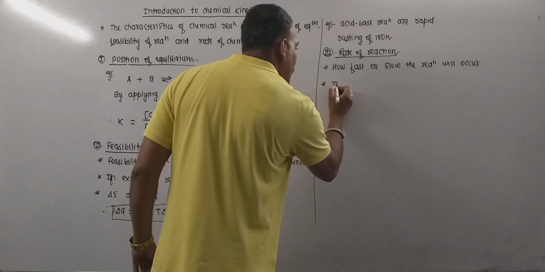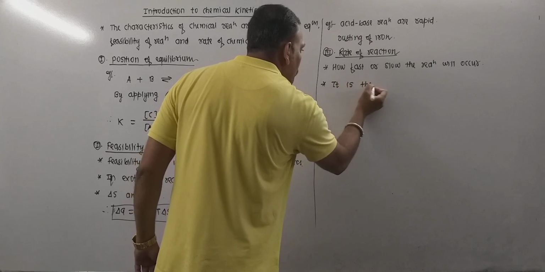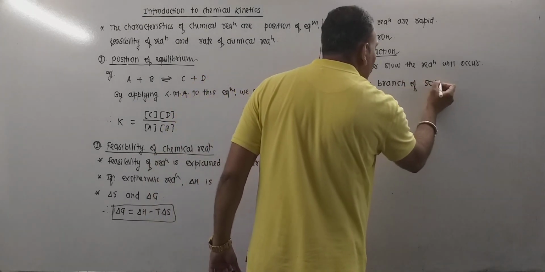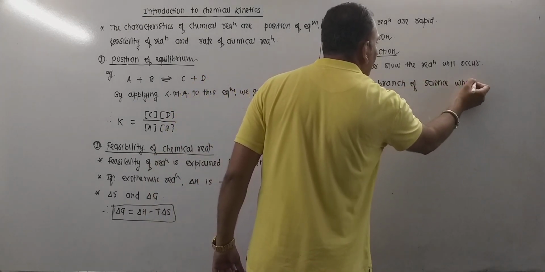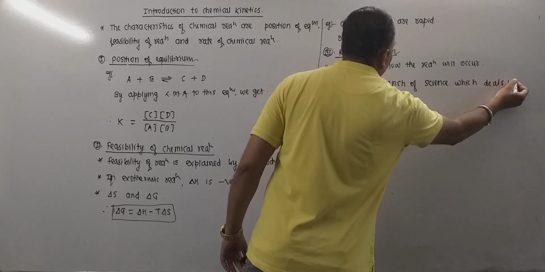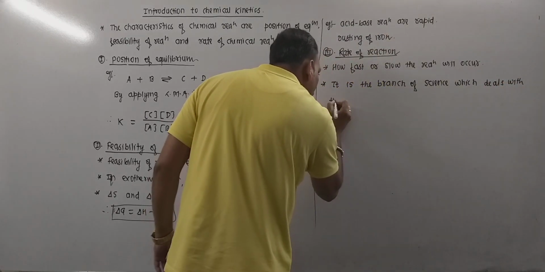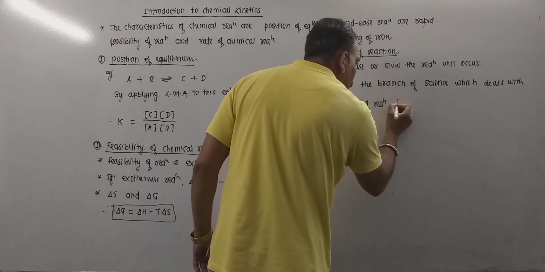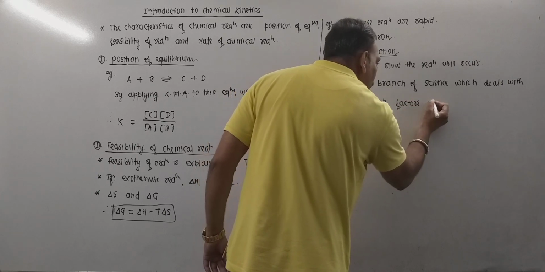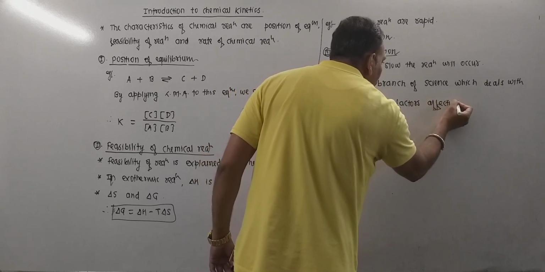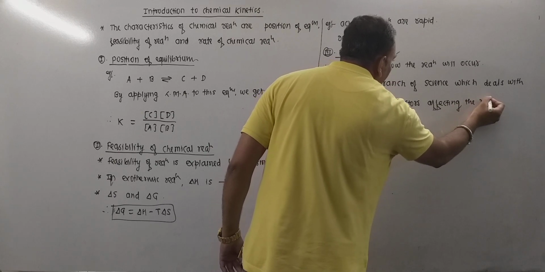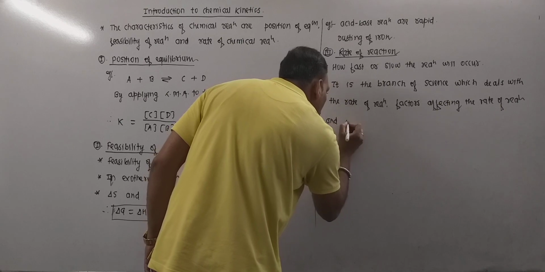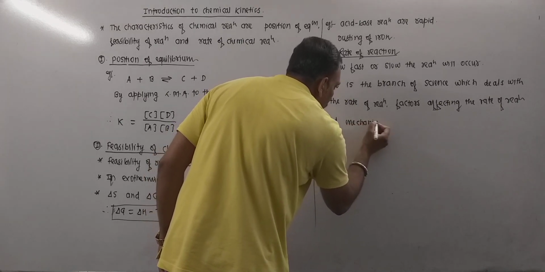So chemical kinetics is the branch of science which deals with the rate of reaction, factors affecting the rate of reaction, and mechanism of reaction.